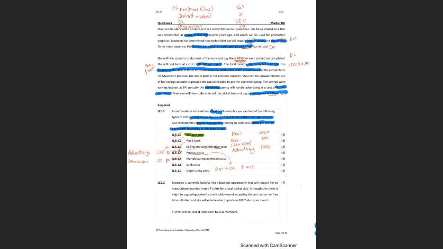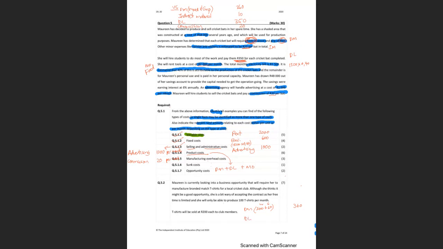This is for your product costs. So your direct material was a 300 Rand for the wood and the 60 Rand for the grip. So I'm going to show it here. Direct material was 360. You can show within brackets, it's the 300 plus the 60. That's for the wood and grip.